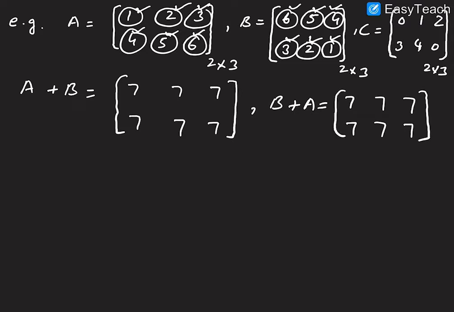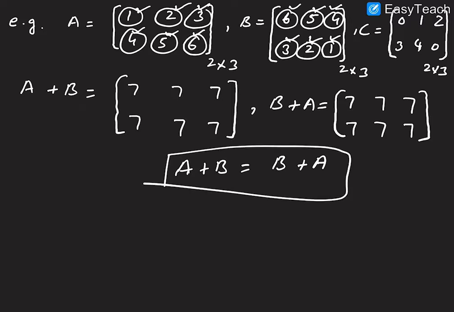And the order is also the same. You can see A plus B is equal to B plus A. So this is called commutative law of addition.